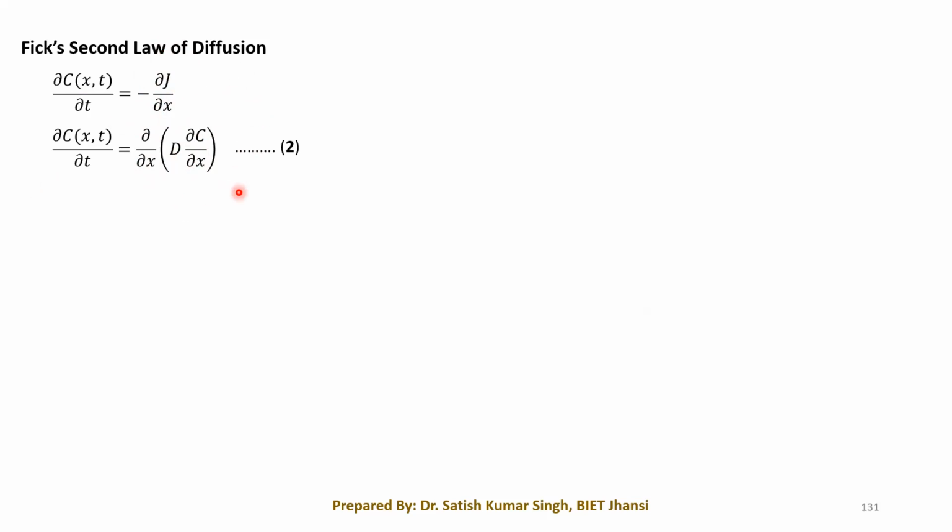Based on how D is considered, whether it is a constant, a function of doping concentration, or a variable quantity, this equation can be transformed into different equations.